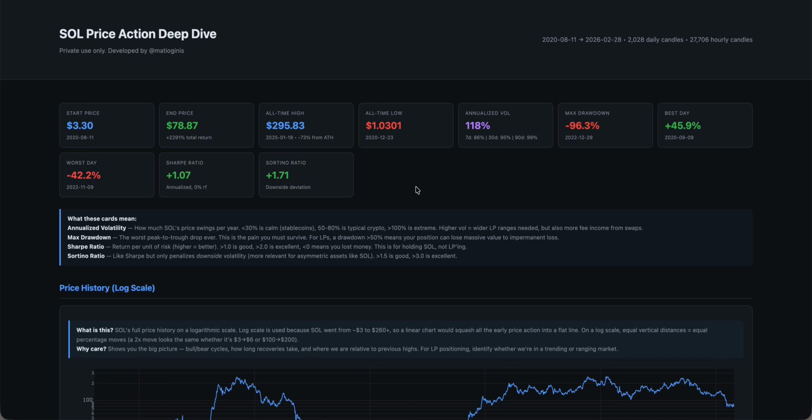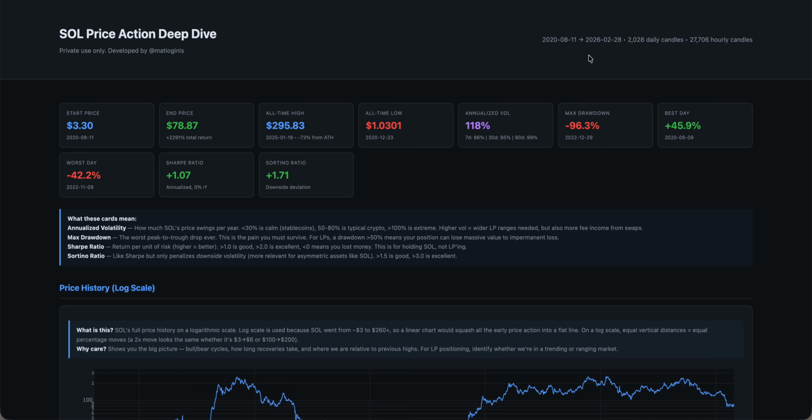What are you actually deploying into, not from the fundamental perspective of what Solana actually does, but from the technical perspective based on the whole historical price action data. So we are taking data from 2020, basically when Solana launched, till the last day of February 2026.